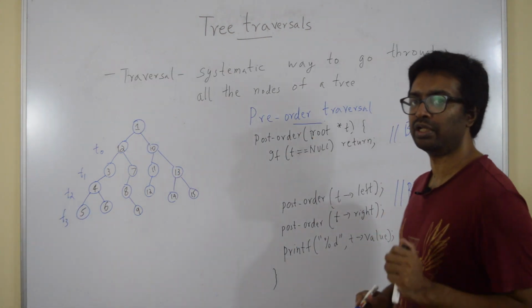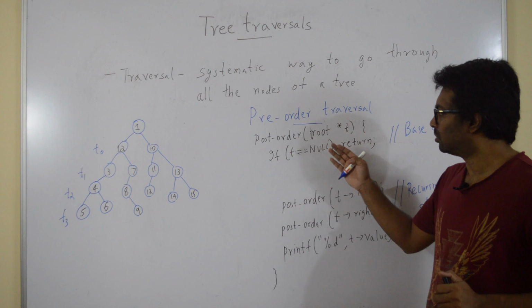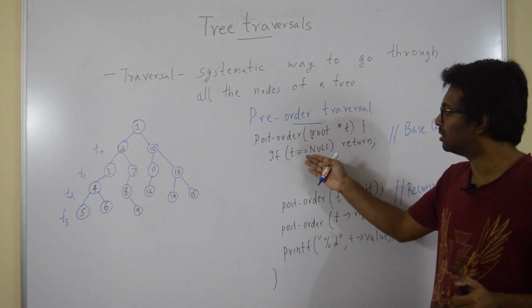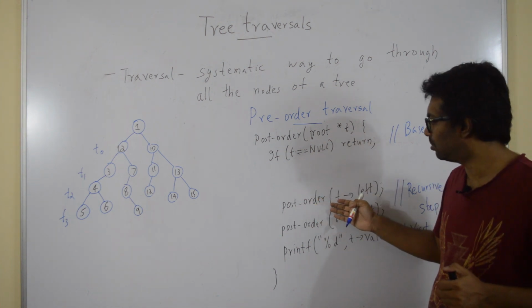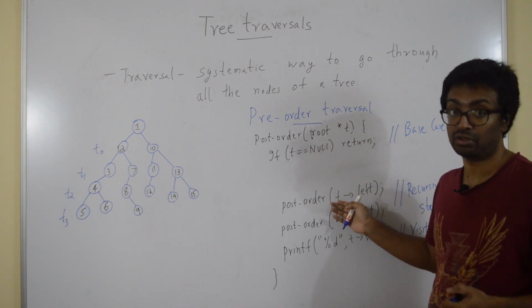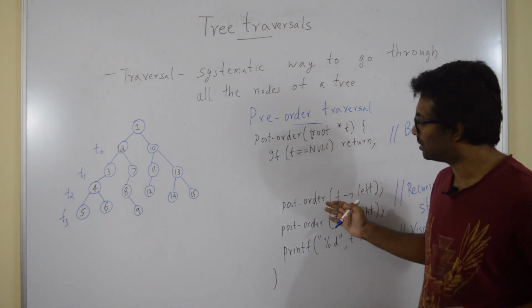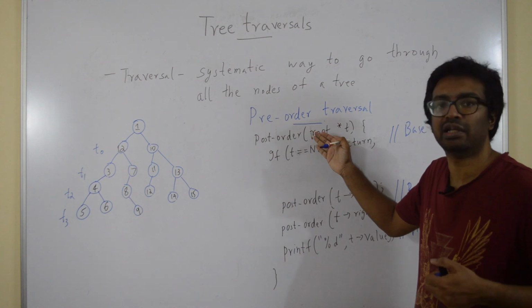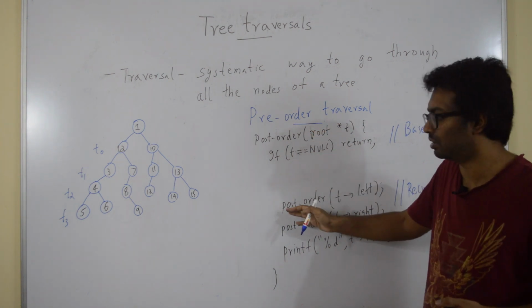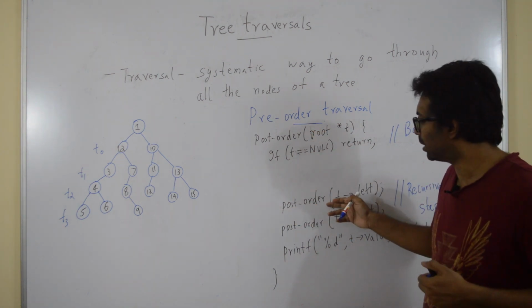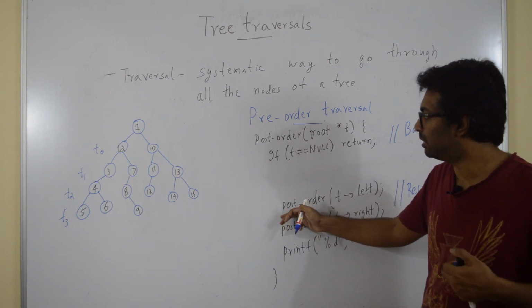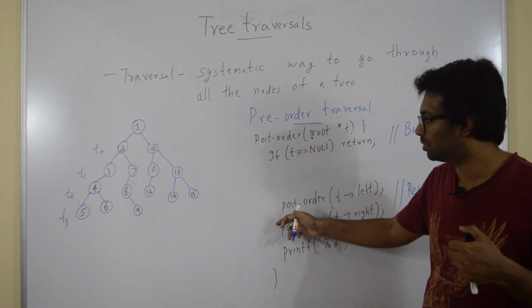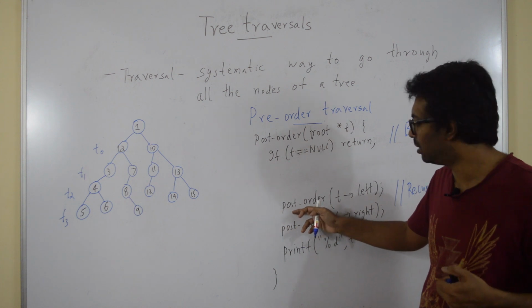Now we are at the base case. I am inside T3. It's not null, so I come here, post-order left. I go left. What is left? It's null. So I come here with the null pointer, and it returns doing nothing. I am done calling its left child.